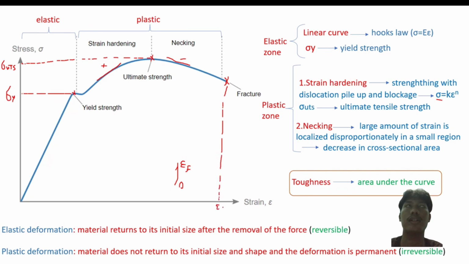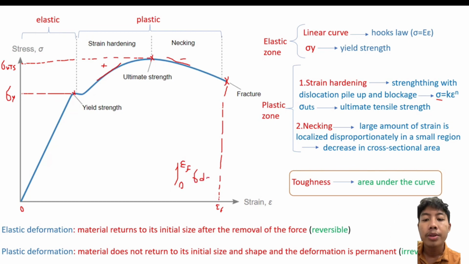So toughness is the ability of a material to absorb energy per unit volume, and it is usually measured as the integral of stress with respect to strain from 0 to the fracture strain, epsilon f.